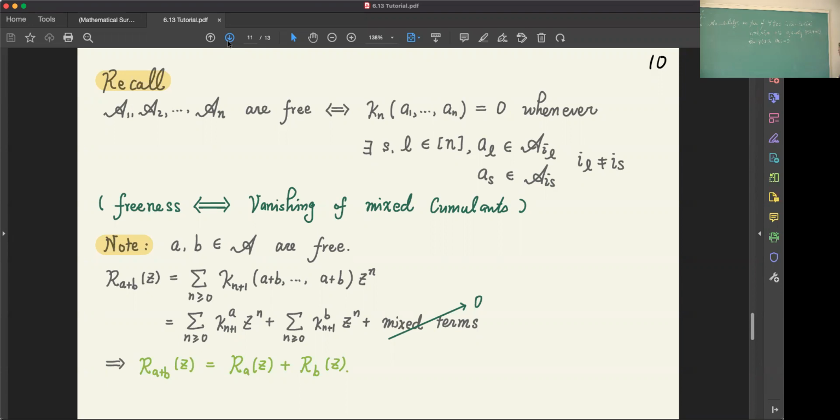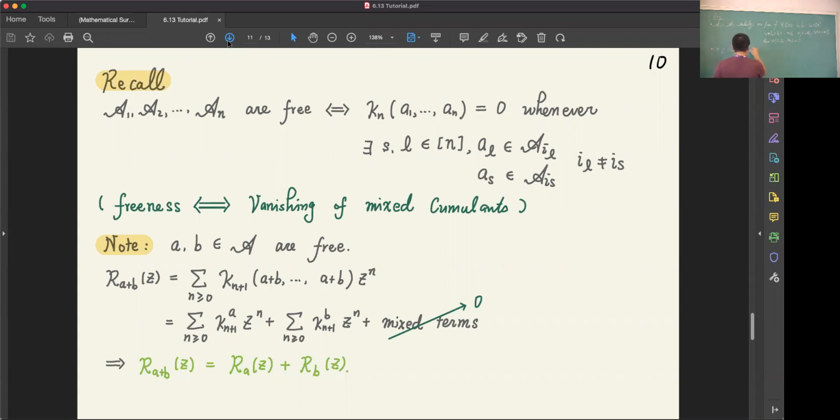This definition can be used to compute the mixed moments. So how do we use it to compute the mixed moment? Maybe let me quickly show some examples. That was freeness of subalgebras. How about freeness of 2 elements?